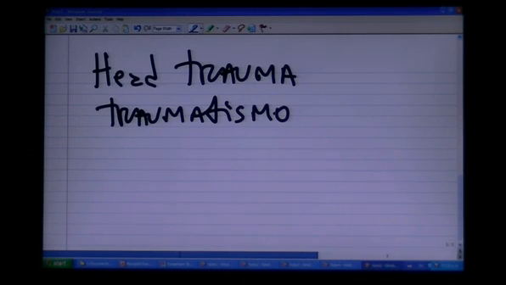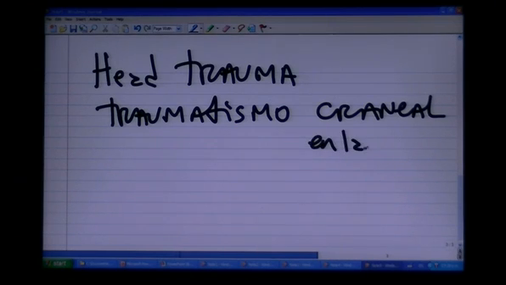And of course, we have different registers. If you want to make it high, it will be traumatismo craneal. Don't use this tomorrow when you interpret for patients. Just say traumatismo en la cabeza. Two different registers.